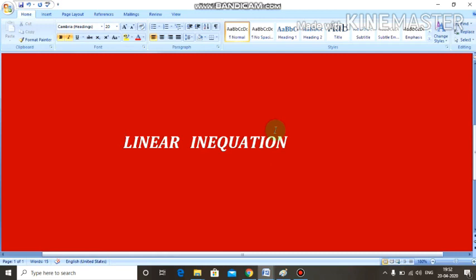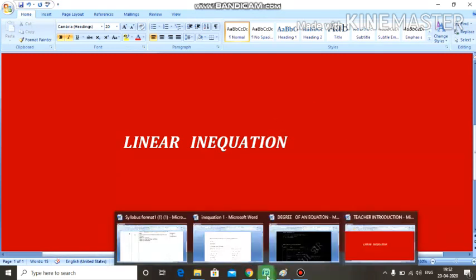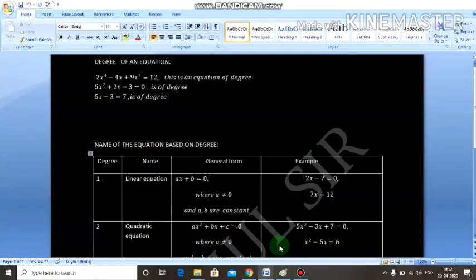Actually, linear equation, quadratic equation, cubic equation, biquadratic equation, these names came on the basis of their degree. So first you have to remember what the degree of an equation is. The degree of an equation means the highest power of the variable of the equation.